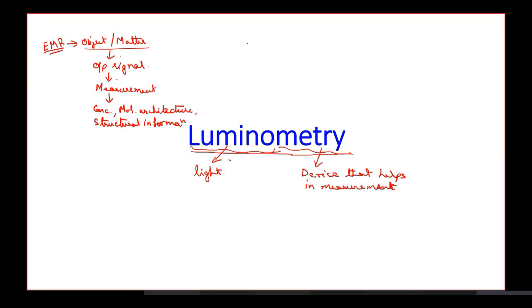So in this regard, first we have talked about UV-vis spectroscopy. In the second instance, we have discussed fluorescence and phosphorescence. In the third instance, we have talked about Raman spectroscopy.